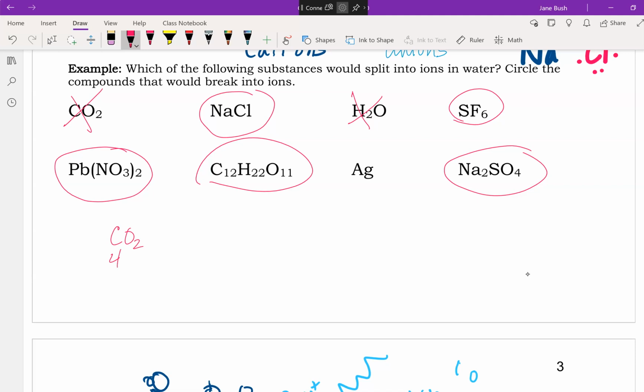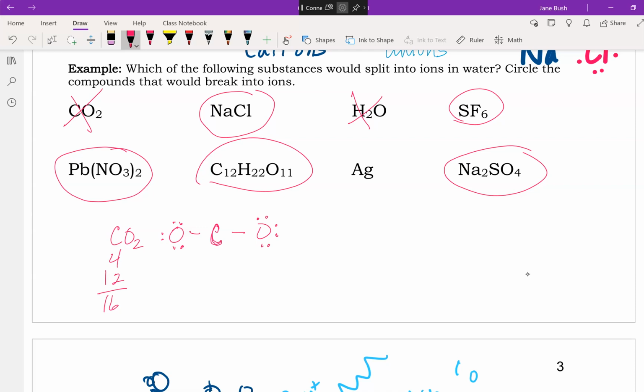How many does each oxygen have? 6. So we have a total of 16. If we draw a carbon bonded to 2 oxygens, each line represents how many electrons? 2. So we have 4 electrons, 5, 6, 7, 8, 9, 10, 11, 12, 13, 14, 15, 16. All my electrons have been used.